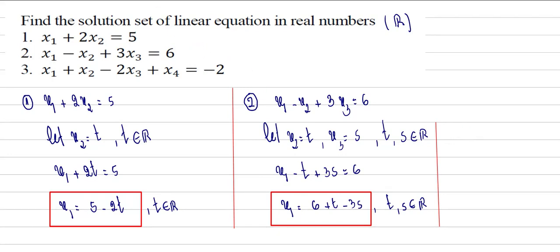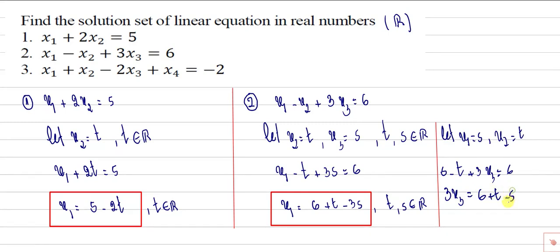Example, in point 2, if I let x1 equal to s and x2 equal to t, we get s minus t plus 3x3 equal to 6. So we got 3x3 equal to 6 plus t minus s.